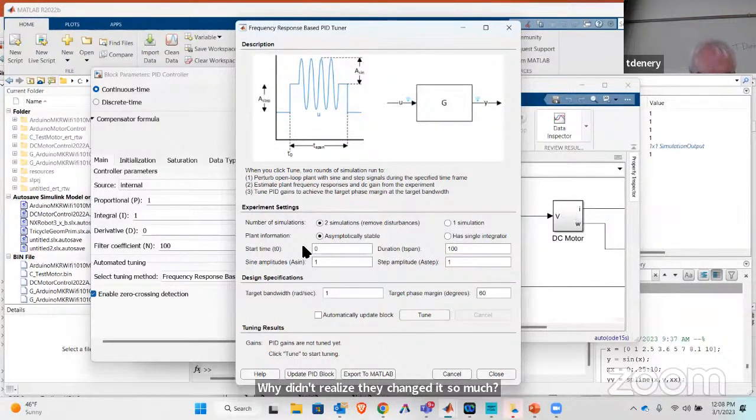I'd say we're not far from it, but I also want to update to PID.